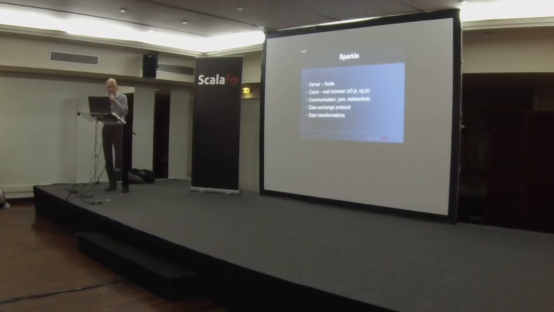So between the server and the client there is a protocol defined. This protocol allows the server and the client to be decoupled. In principle, we can write our own client for the Sparkle server.